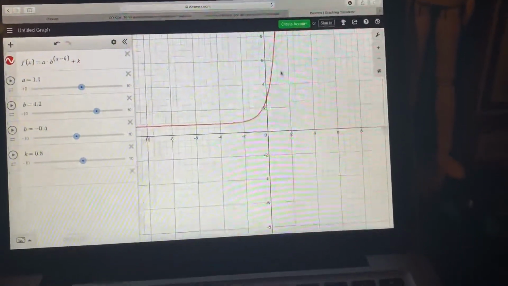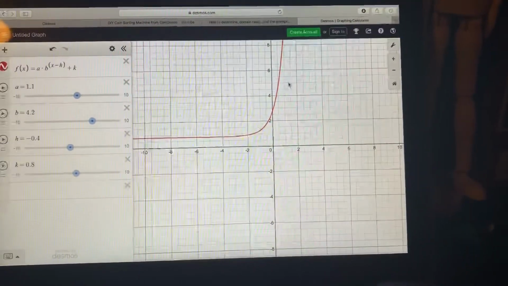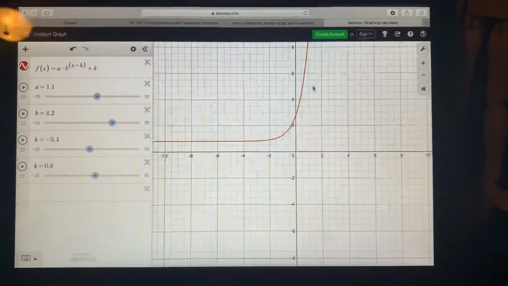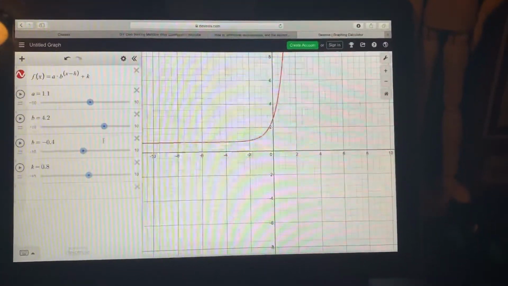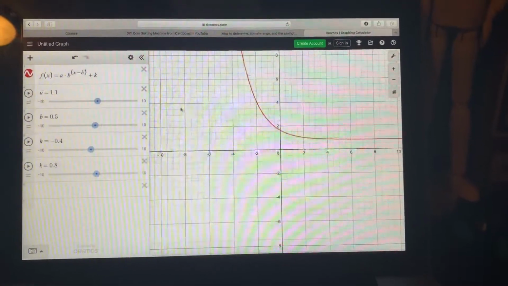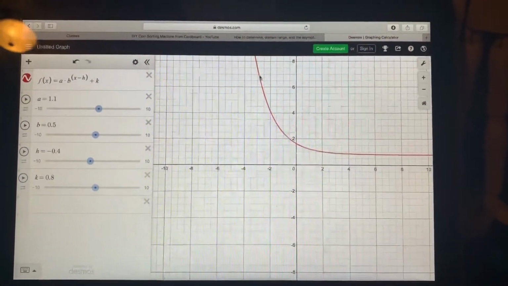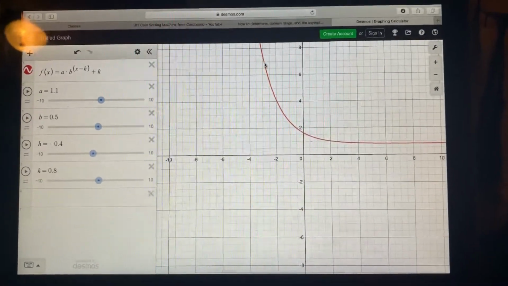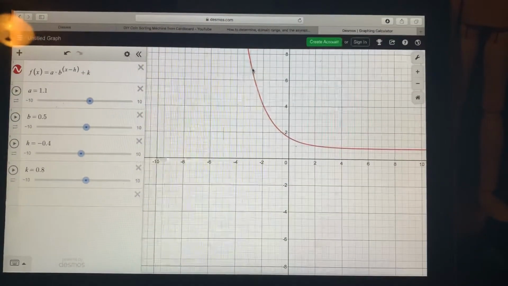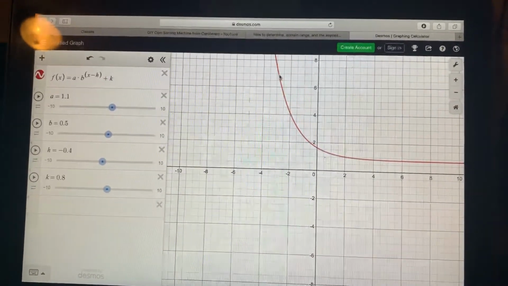So your coordinate might as well be 0, infinity, or -infinity, depending on which side you are on. As for your asymptote, I probably should have said this with domain, but your x-axis will be y equals 0.